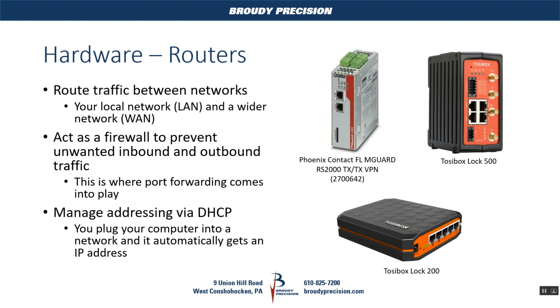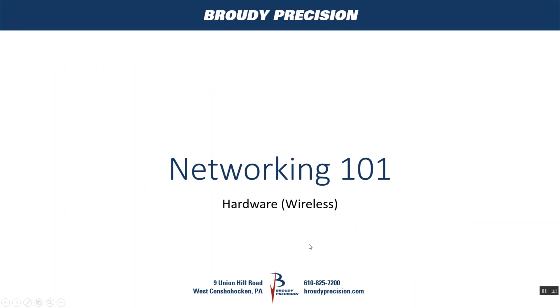And they can also do things like VPN access or remote access for you. They do the managing of IP addresses if you're using DHCP, and we'll talk about DHCP and VPNs a little bit later on. But they will also do that DHCP for you and manage it if you choose to use it.